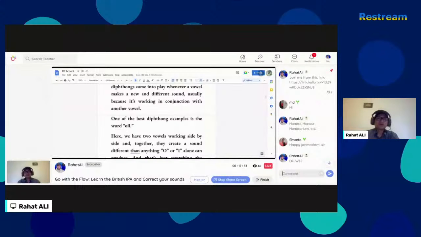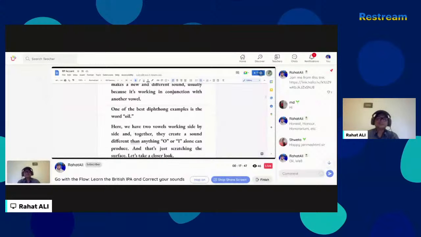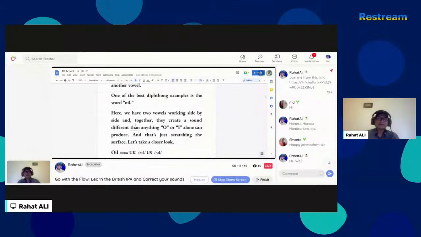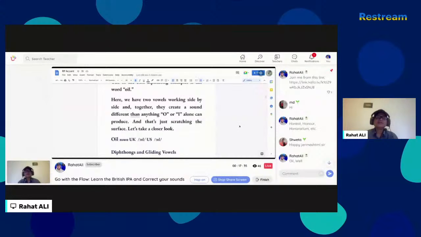Here we have two vowels working side by side and together, and they create a sound different than anything. O and I alone can pronounce OI. That's just scratching the surface. Let's take a closer look. Oil. In British IPA and American IPA, they've got similar sounds.